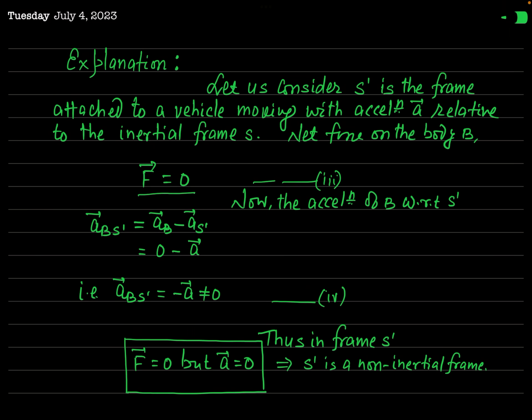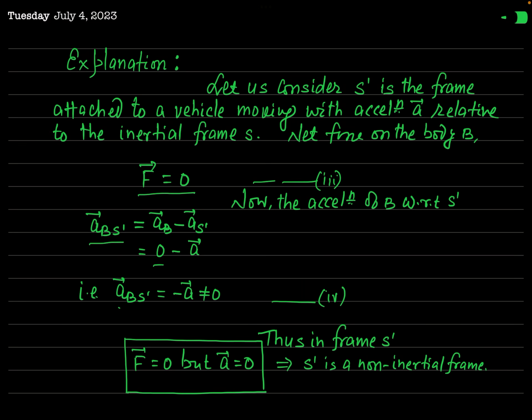It means you have considered a force free body, and I have calculated the acceleration of body B with respect to S dash, which is AB minus AS dash. AB, the acceleration of body B with respect to the ground, will be 0 because the body is lying on the ground, so it is not accelerated with respect to the ground. And AS dash is the acceleration of frame S dash, that is, the acceleration of the vehicle with respect to the ground, and that is equal to A. So this will be 0 minus A.